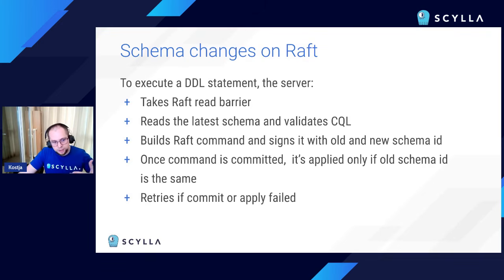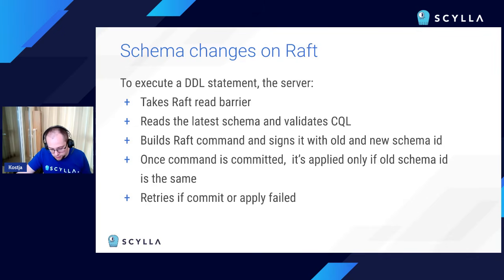So we implemented another algorithm on top of that that provides this exactly once implementation, or what would be more correct to say, at most once implementation. It uses a special marker, a schema version marker, that signs every schema change, so that a schema change that has already been performed is safe to execute again.